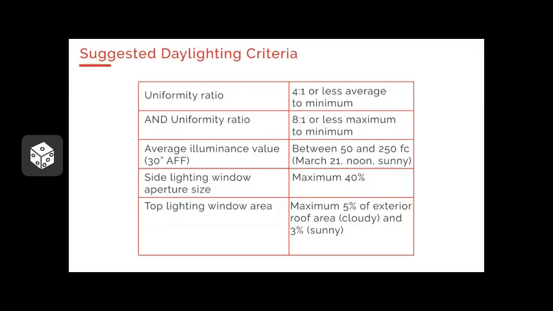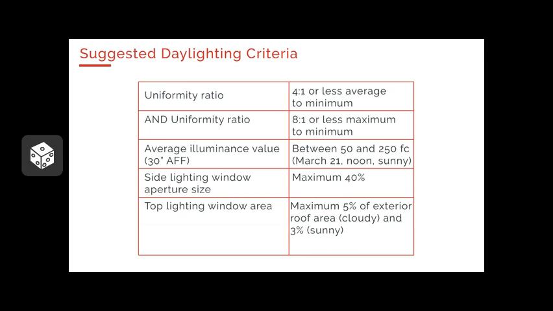And here is just some information, again, from Nancy Clanton's start on everything, on what you want for your uniformity ratio for your daylighting. You want things uniform, and you want things so that you don't get hot spots inside the space when you don't have any type of blind system.